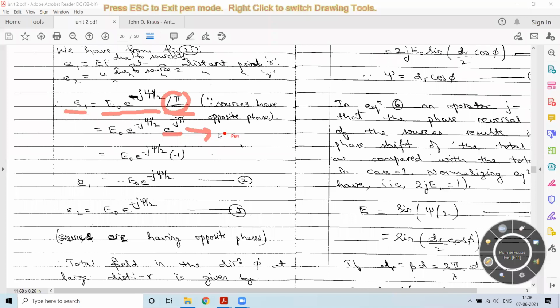When I simplify it using the cis theta equation, cis pi is cos pi plus j sin pi.